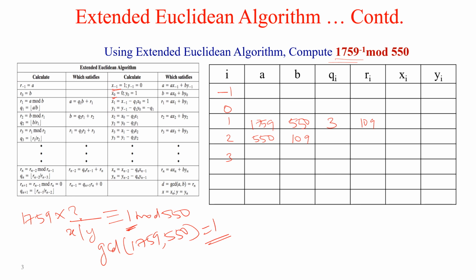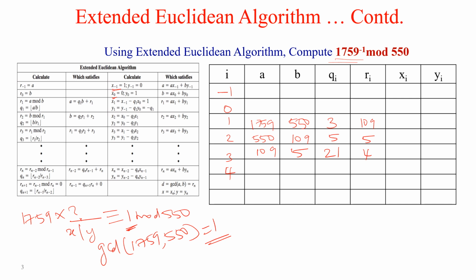Now if you divide, the quotient is 5 and the remainder is 5. Now the remainder is greater than 0, so A equal to 109 and B equal to 5. Now the quotient is 21 and the remainder is 4.